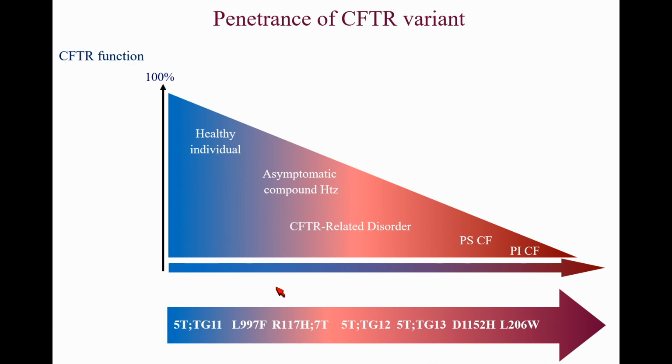So based on this data and on previous reports, how can we classify these variants found in infant CF-SPID? They could be placed according to their penetrance along this line.